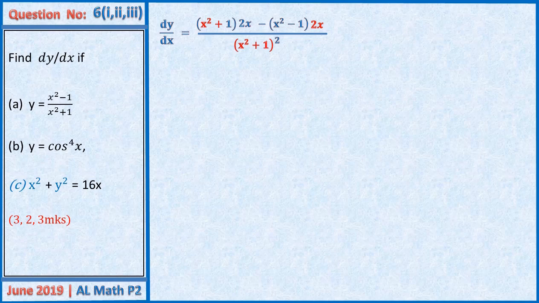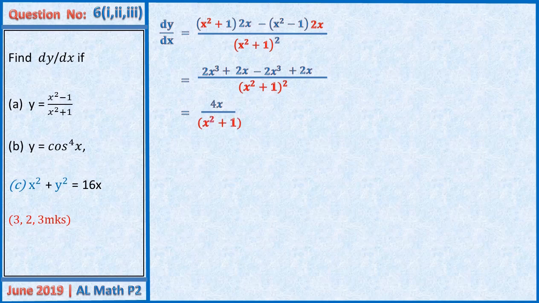Now when we simplify, opening out the brackets, we have 2x cubed plus 2x minus 2x cubed plus 2x, and all that on the denominator squared, so it's (x squared plus 1) all squared, and this will give us 4x all that on the bottom squared. So this is the derivative of the first function.